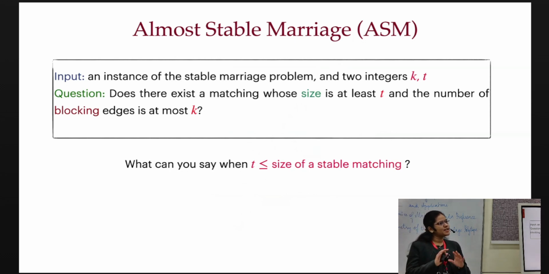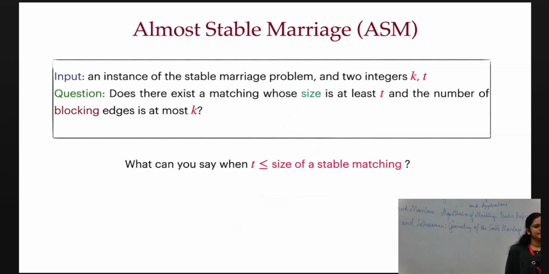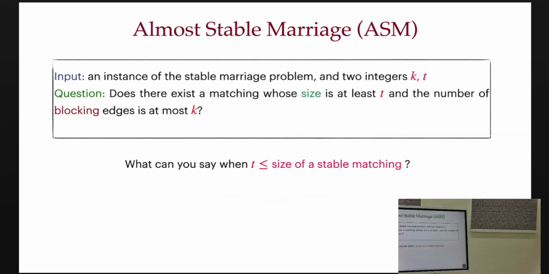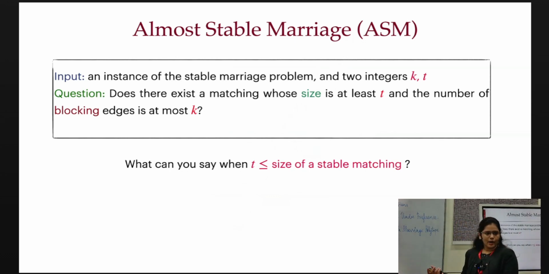This is based on whatever you have studied so far. Just raise your hand if you know the answer. Yes? k should be 0. Okay, so what is the algorithm? How can we find it?